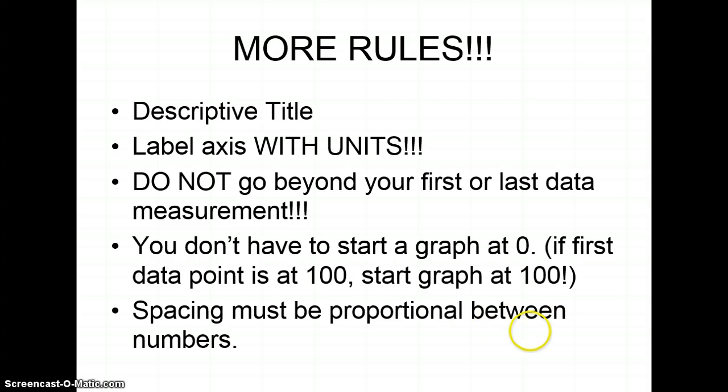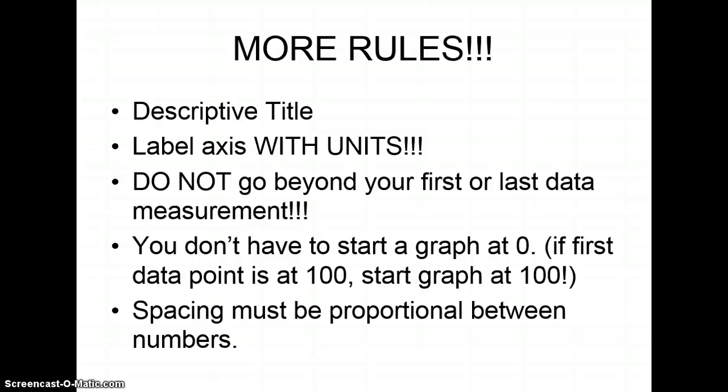And finally, make sure your spacing is proportional, meaning if you are going to graph a period of 60 seconds, you can't go 0, 10, 30, 60 and put the same amount of space between those numbers. You need to come up with a scale that's going to fit your space. Okay, I need to record 60 seconds worth of data.